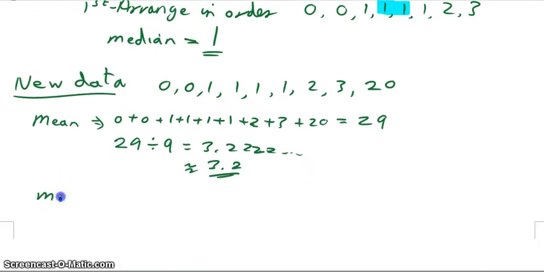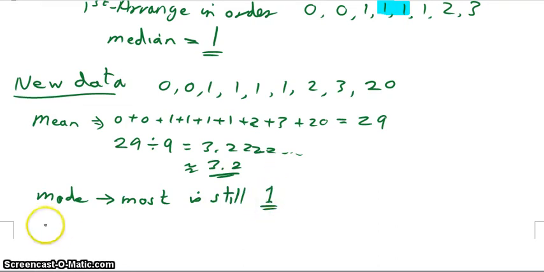The mode, however, which is the most frequent, is still 1. That hasn't changed. And the median now, well, if you look at 9 pieces of data, there's only 1 middle.